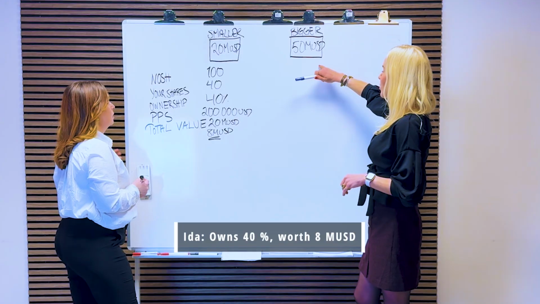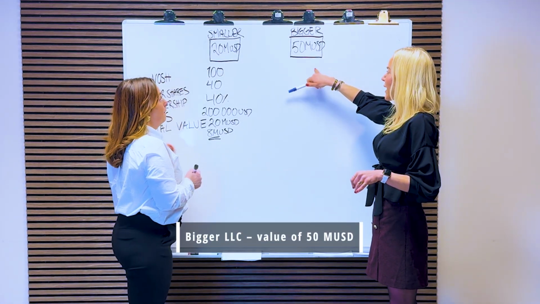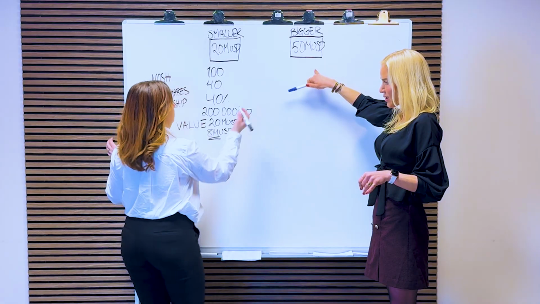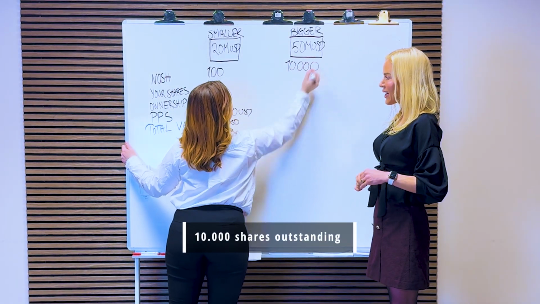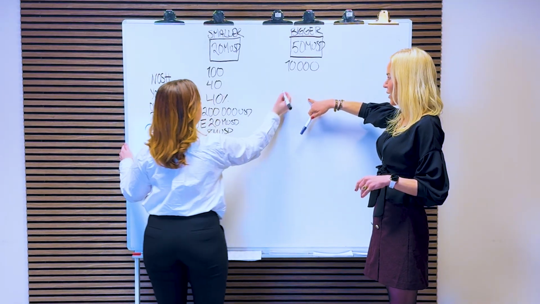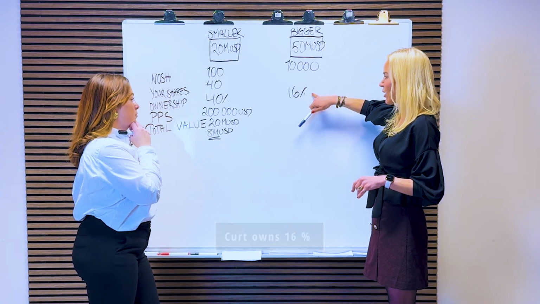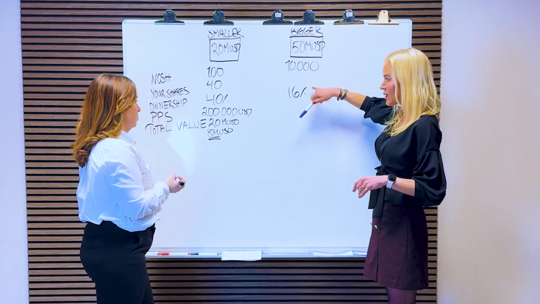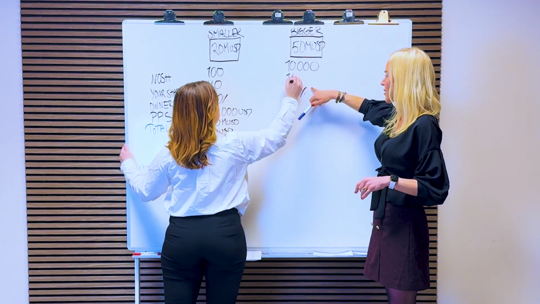Going to bigger. What about, we're going to look at Kurt, but they have 10,000 shares outstanding. And Kurt has an ownership stake of 16%. So then, in order to figure out how many shares they have, we take 0.16 times 10,000 and we get 1,600 shares.